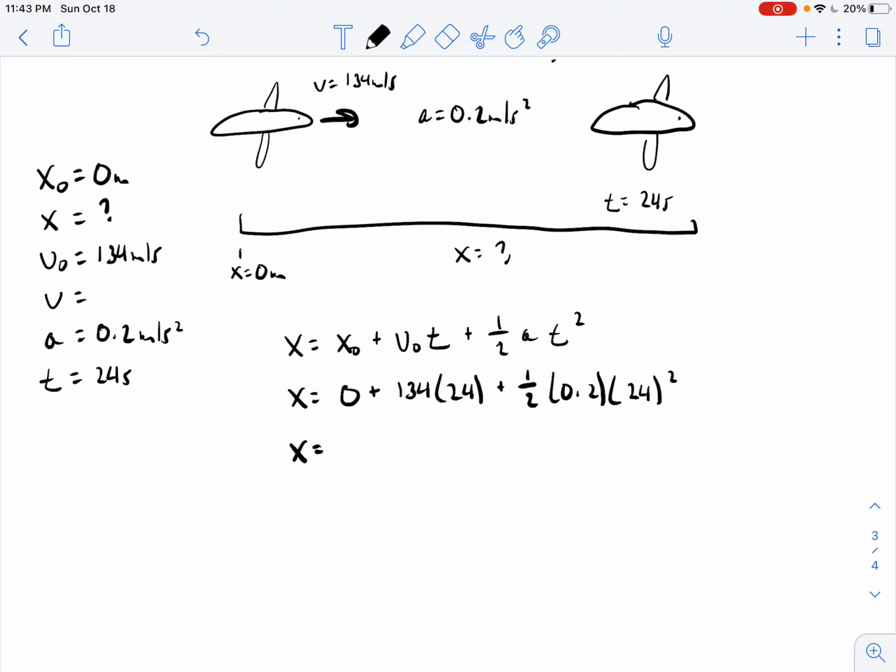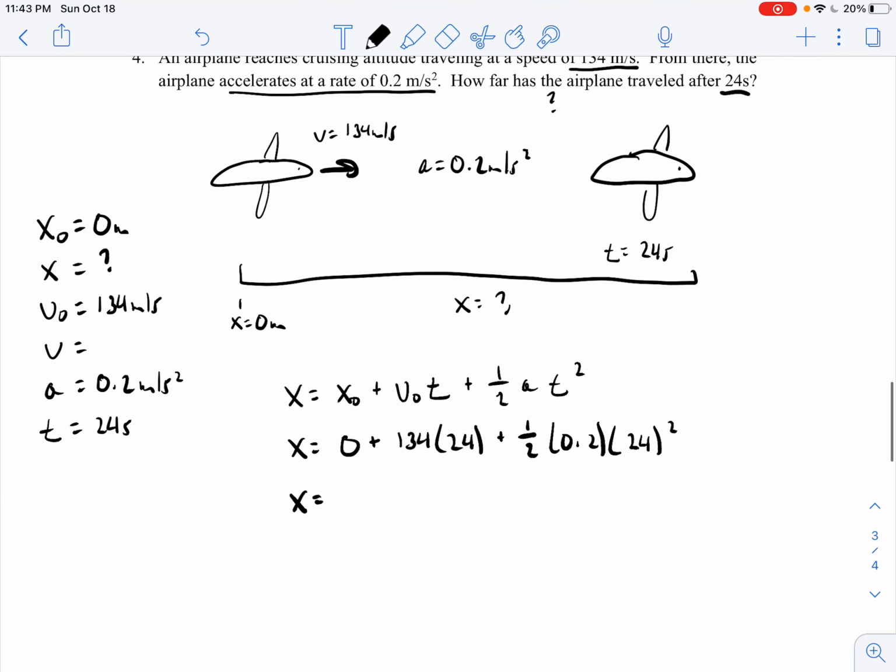So we do 134 times 24. This is going to give us 3,216. That's going to be added to, we'll first do 0.5 times 0.2. It's going to be 0.1 times, and we'll take 24 squared. It's going to be 576.